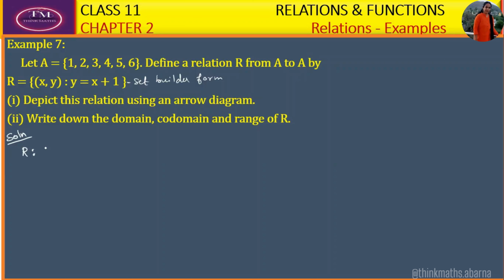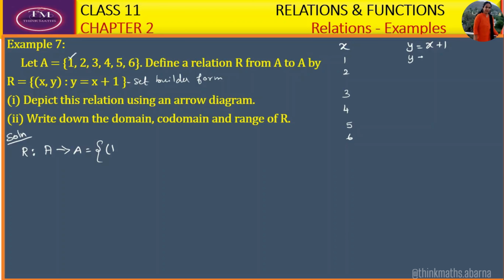R is a relation from A to A, so the first element should be from A. I took 1. Let me define here (x, y). What is y? It is x plus 1. What are the elements in x? It is 1, 2, 3, 4, 5, 6. y is equal to x plus 1.